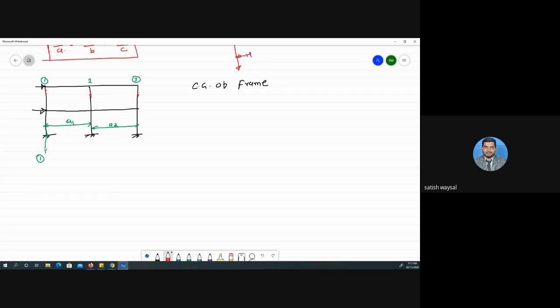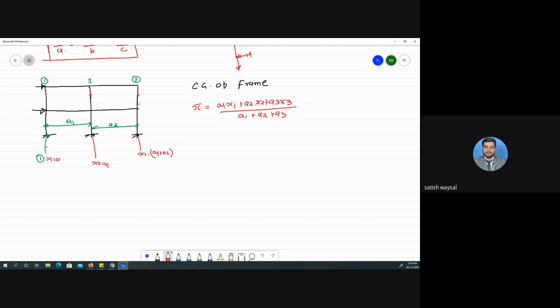Suppose in this case we look from this side, so x1 will be equal to 0. If we consider this, x2 is equal to A1 and x3 is equal to A1 plus A2. And how to find x bar? X bar is equal to A1 x1 plus A2 x2 plus A3 x3, divided by A1 plus A2 plus A3.